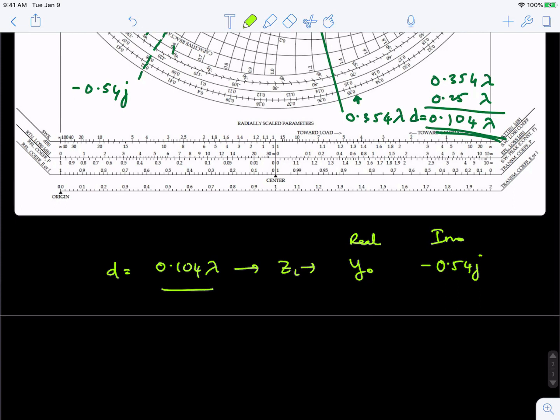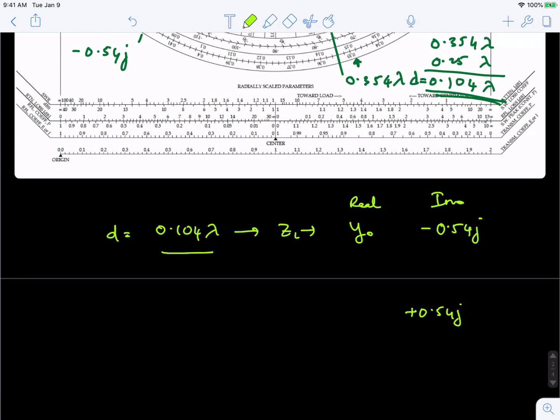Now we can remove that by adding a plus 0.54 j component, so that we have just the real part left. How do we do this? By using the parallel stub. Now the parallel stub has a length L and has a short at one end, which is z equal to 0, and it is added in parallel to the existing circuit.